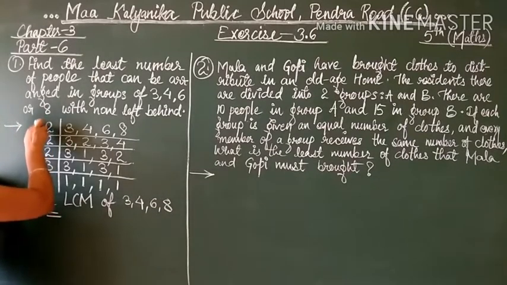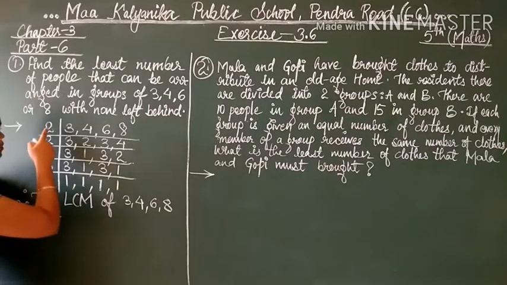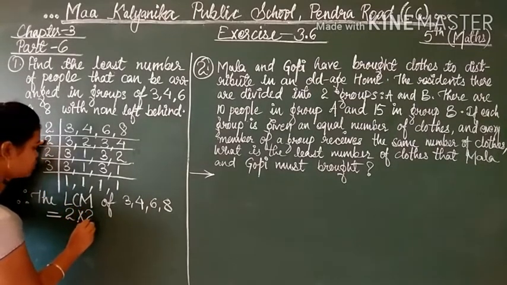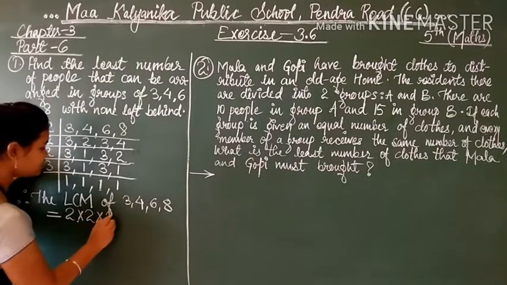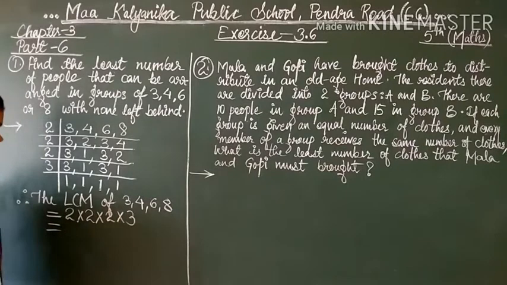Now we have to multiply all the numbers present on the left side of the division process. So 2 multiplied by 2 multiplied by 2 multiplied by 3. Students, I hope you are understanding.